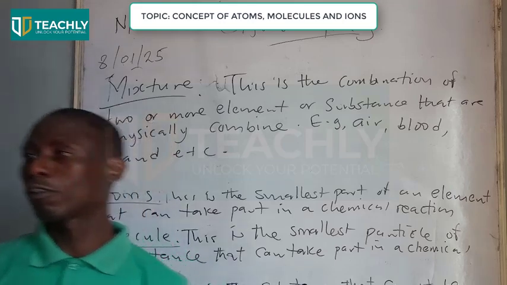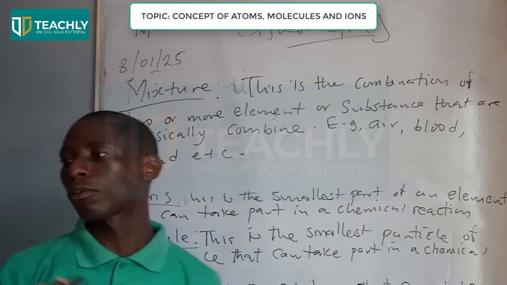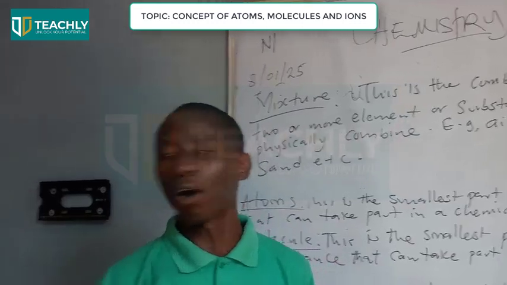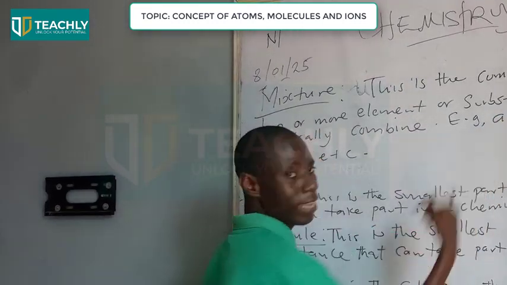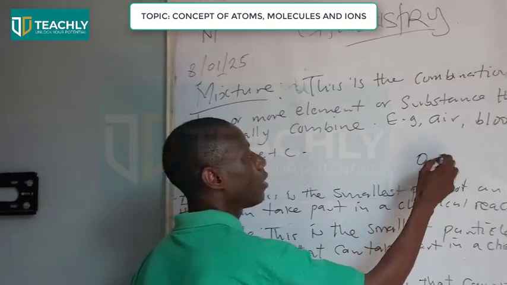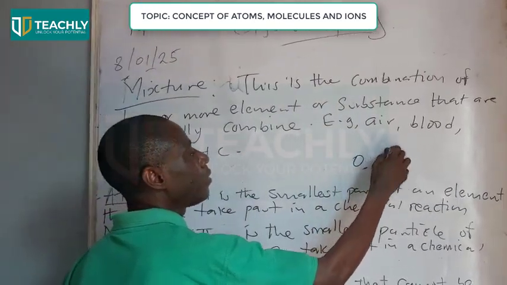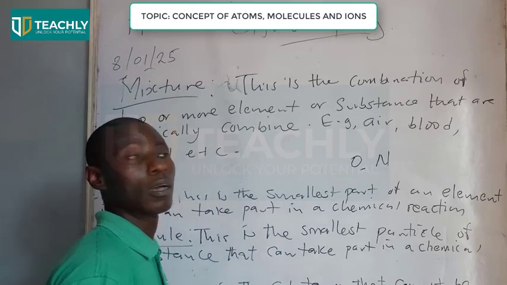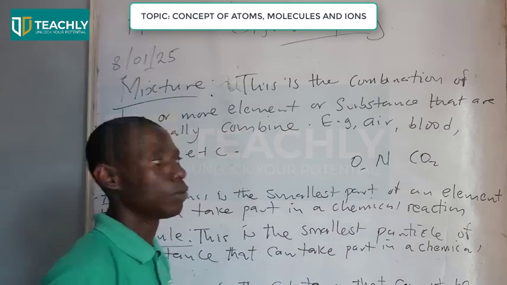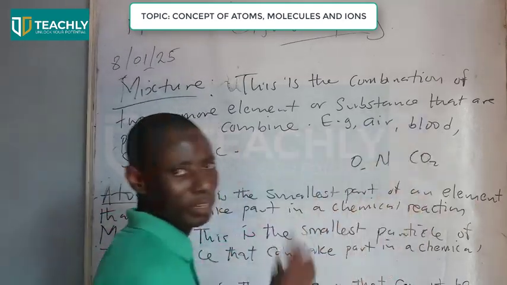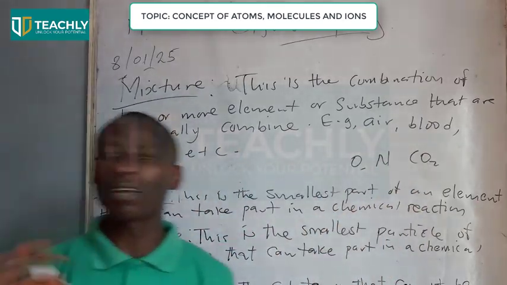You can see silicon, you can see calcium, CaCO3. Now look at the air. In the air, you see the presence of what? You see oxygen, nitrogen, carbon dioxide. All those are mixed together. They are present, but they are not chemically combined together.